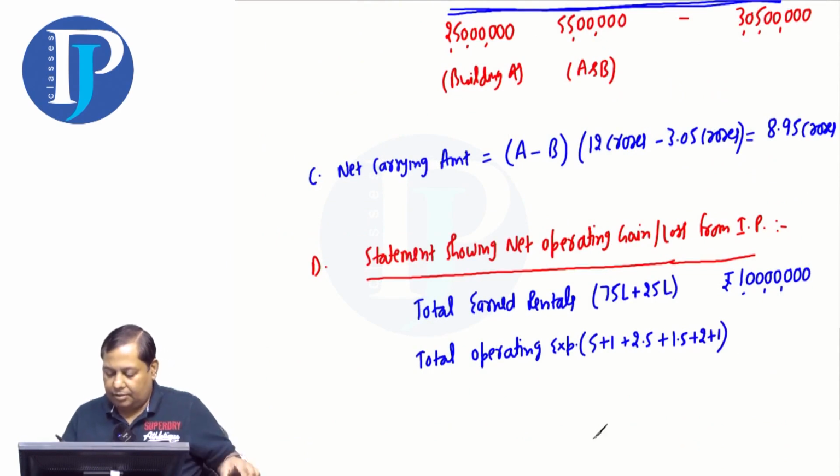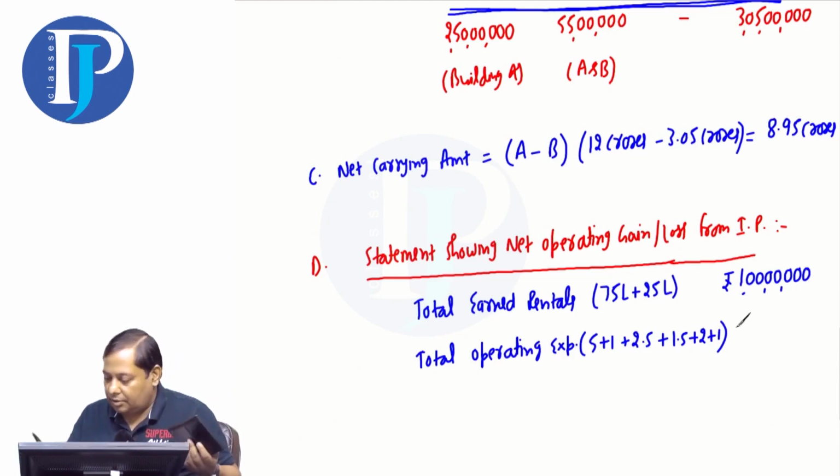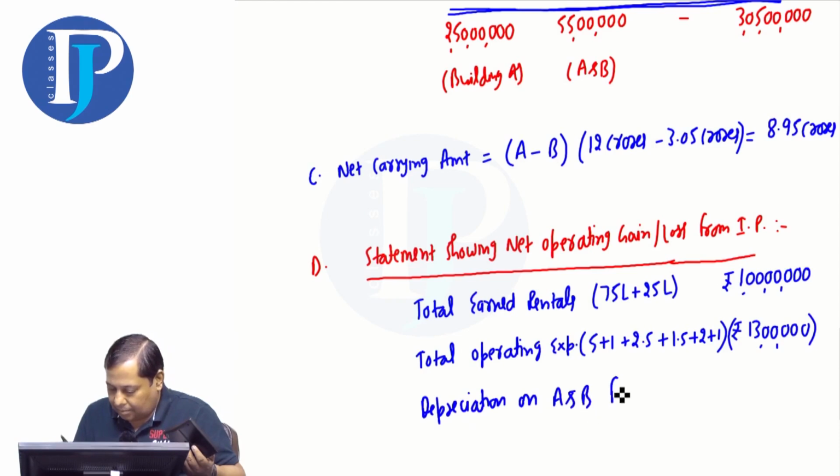Let's do its total now. We have spent 13 lakh rupees. We will subtract depreciation of A for X1 and X2 limited.